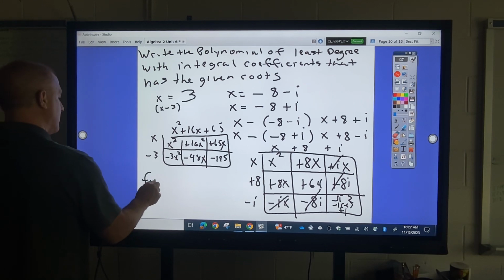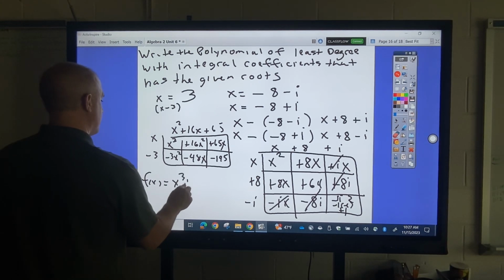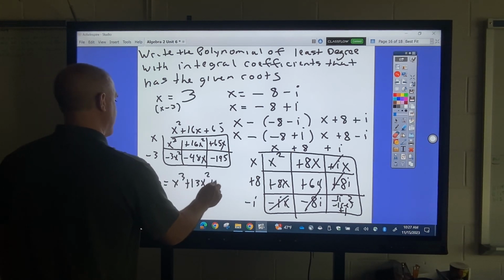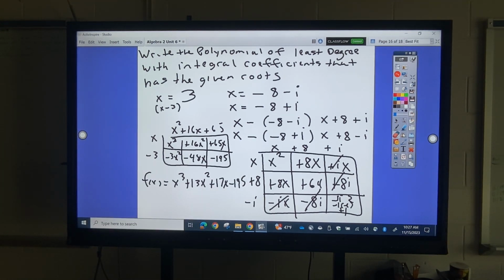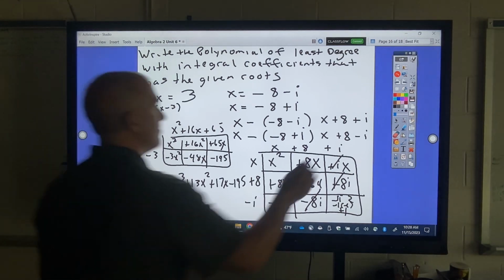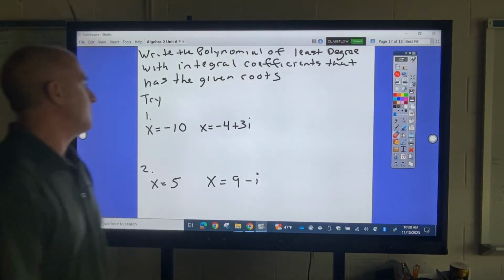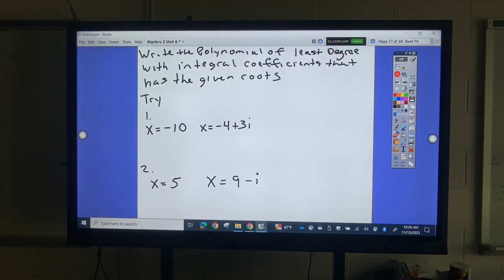So my function here is x cubed plus 13x squared plus 17x minus 195. And that would be my answer. Okay? All right, so a little bit of calculation stuff. Go ahead and practice those on your own.